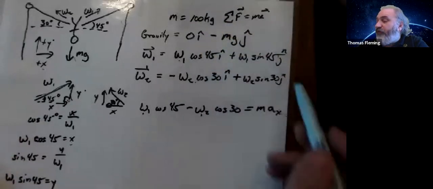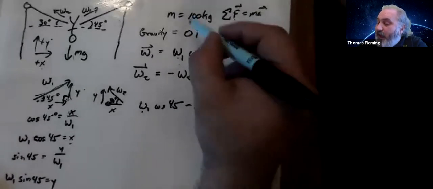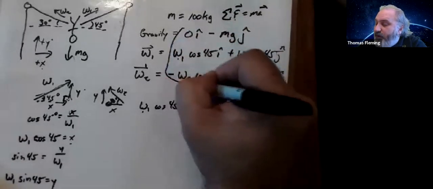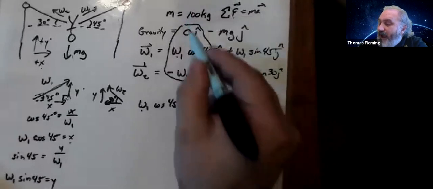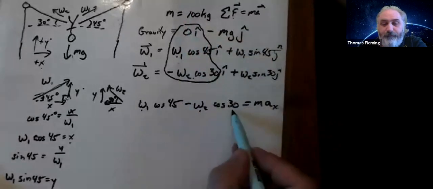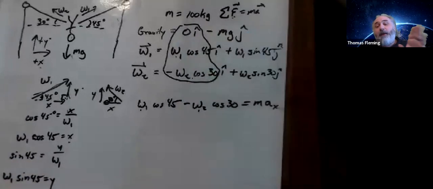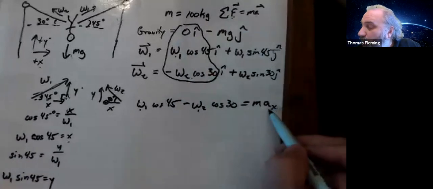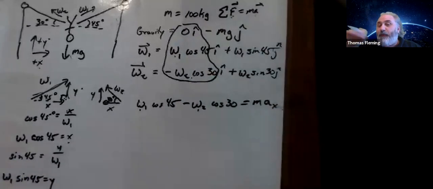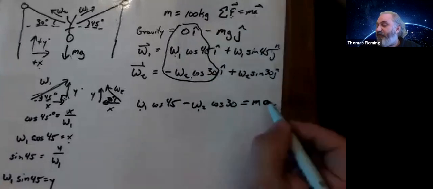So to do the sum of the forces, I'm adding up all the forces in the x direction. So I added all that and got this. That's the sum of the forces. Okay. That had to equal ma, but since we're only talking about the x direction, it's only the part of the acceleration that's in the sideways direction. Okay. That's why I call it a sub x.